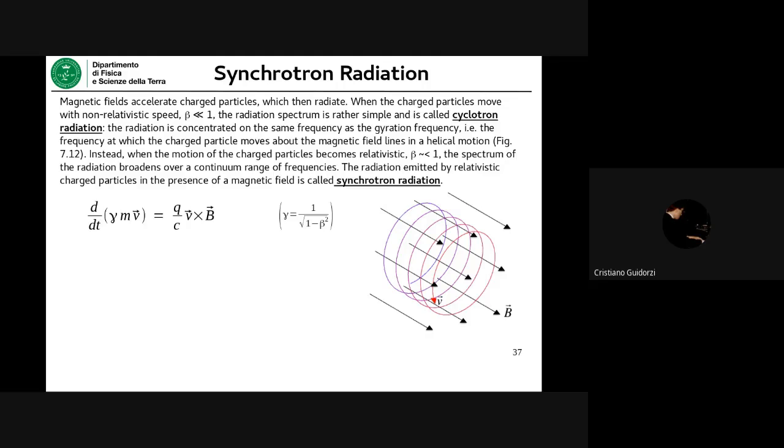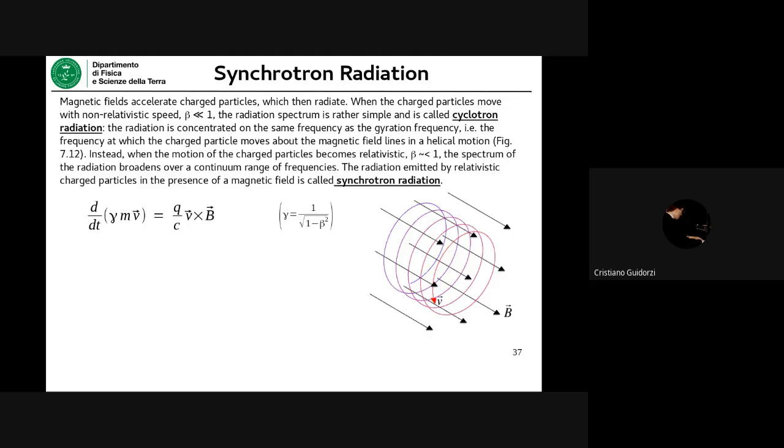But what we'll see is that in that case, the properties, in particular the spectrum, so how energy is distributed over frequency of the resulting radiation, has a completely different look, a completely different dependence on frequency. So the radiation emitted by ultra-relativistic electrons in the presence of magnetic field is called synchrotron radiation.